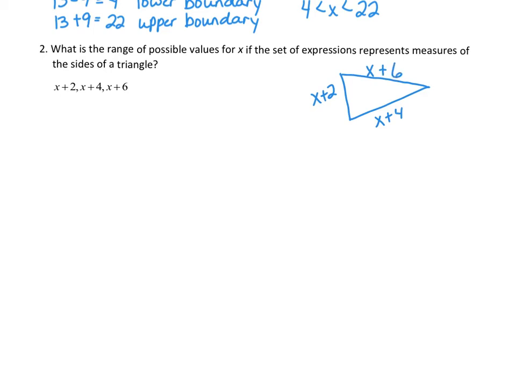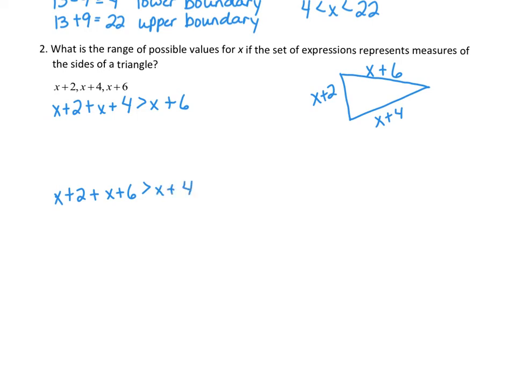Okay, so again, I'm going to write my three different inequalities. So the first one, I would say x plus 2 plus x plus 4 has to be greater than x plus 6. And then another inequality would be x plus 2 plus x plus 6 has to be greater than x plus 4.